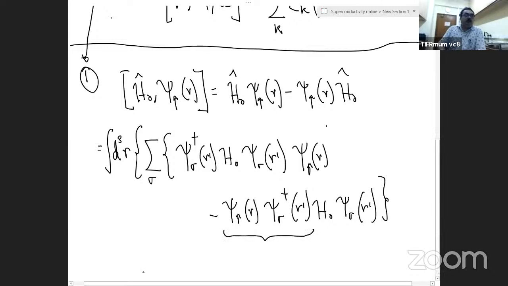This quantity I can write as, I am using the commutation relation.